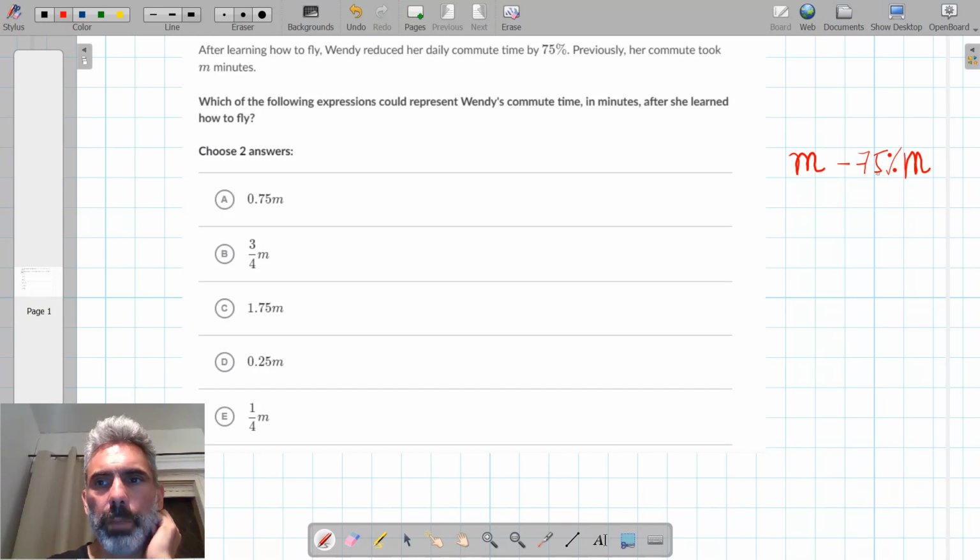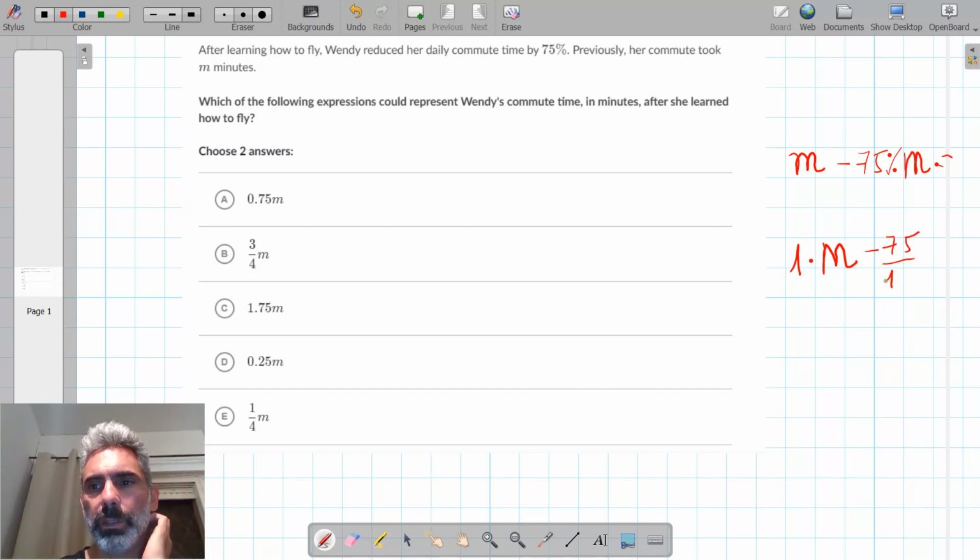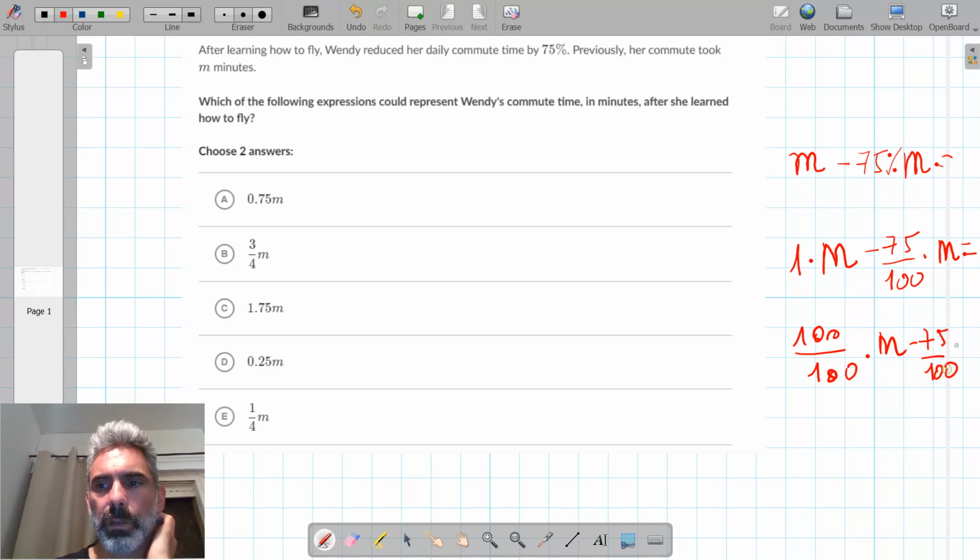Okay, so m minus 75% of m is what we are left with. This is like 1 times m minus 75 hundredths times m, which is, 1 is like 100 over 100 times m minus 75 hundredths, which is 25 hundredths times m.